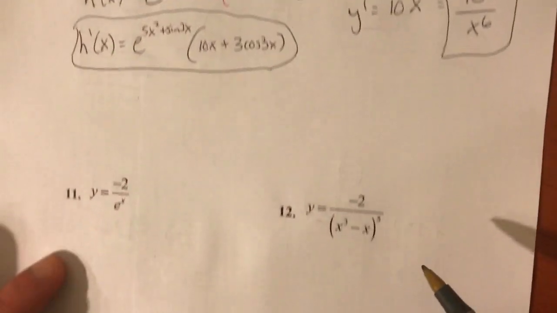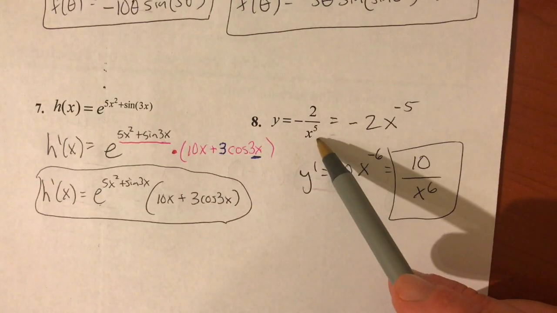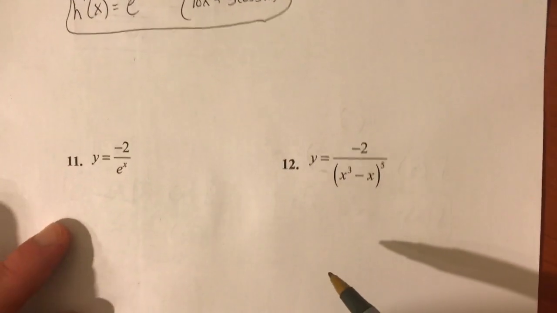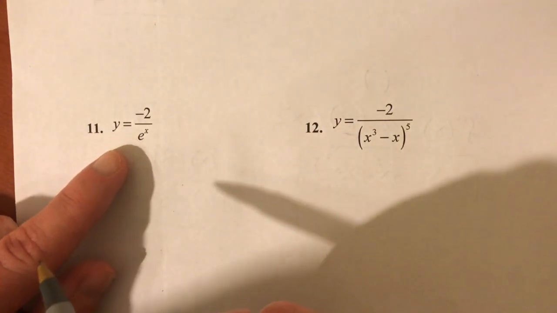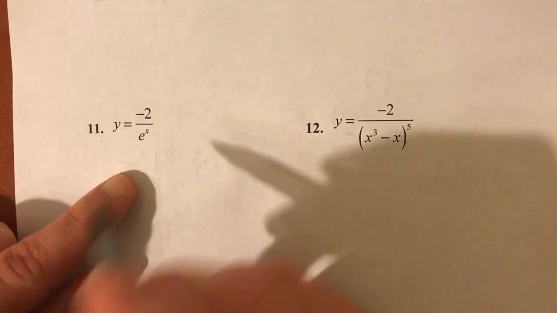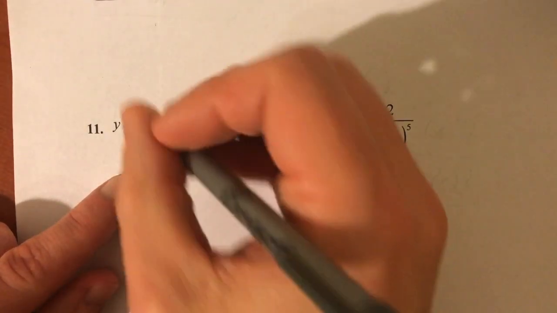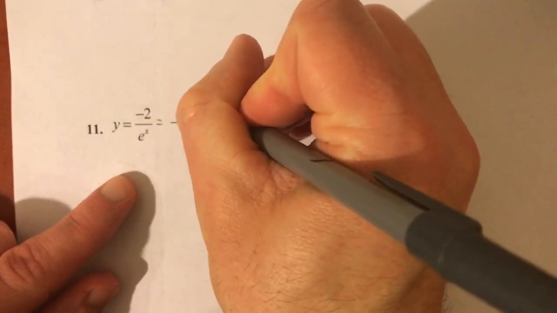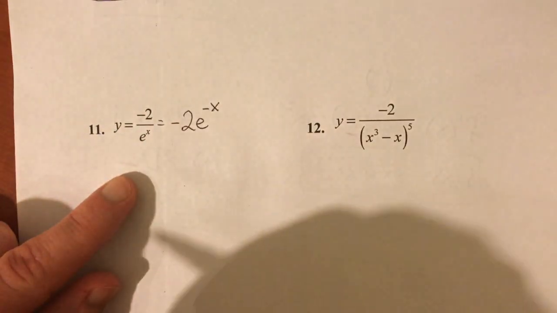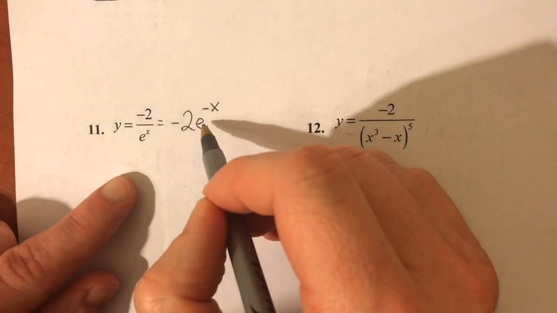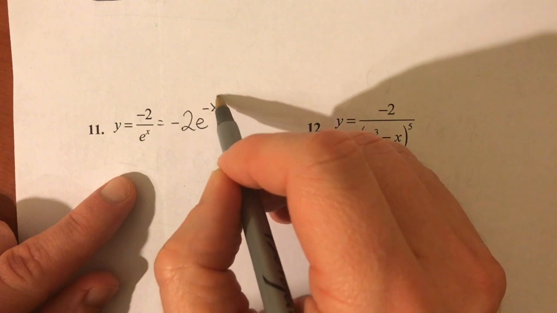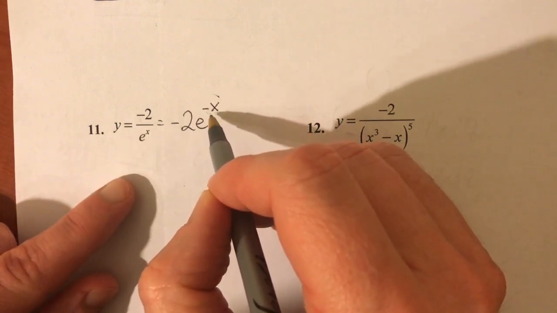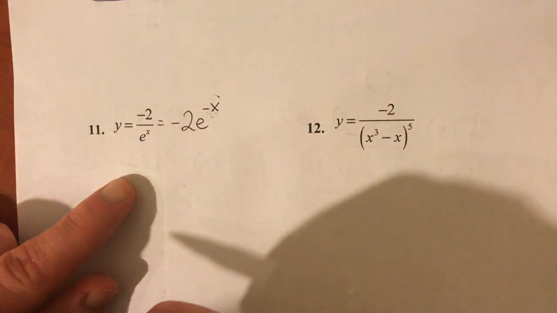The reason I did that was to draw this parallel between these next two examples, which are also fractions. And if you have -2 over e to the x, you could use a quotient rule on it, but you could also do this, -2 e to the -x. And you see, now that we know the chain rule, I can handle e raised to other things. Even though that's a -x, if it's anything other than just plain old x, it requires a chain rule.